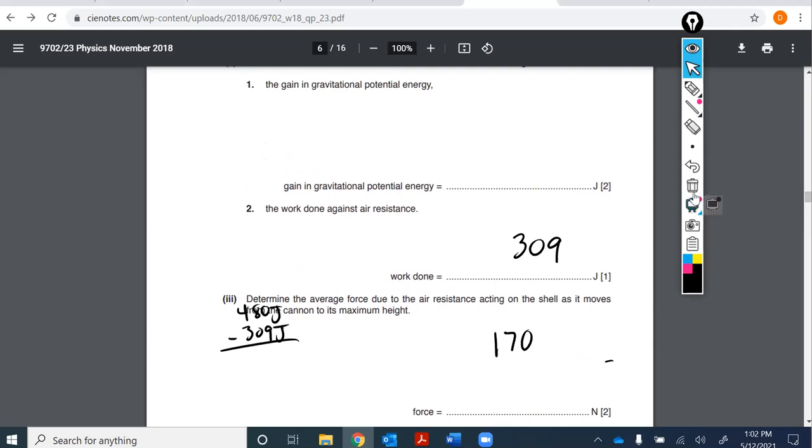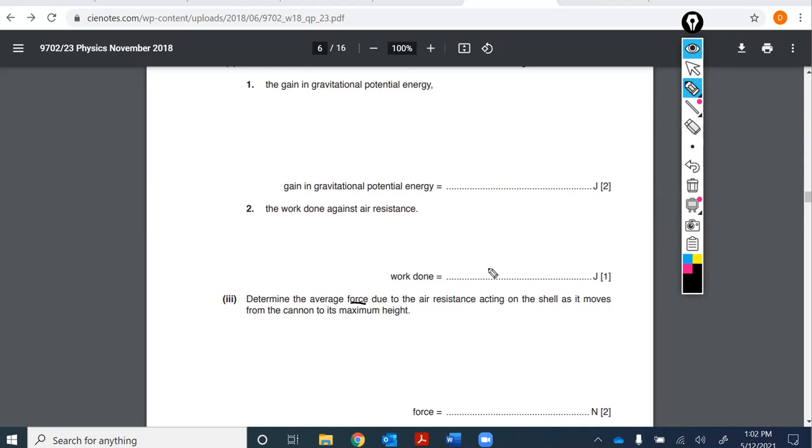And then it says, determine the average force due to the air resistance acting on the shell as it moves from the cannon to its maximum height. It's about relating the specific quantities to what we've already worked through.